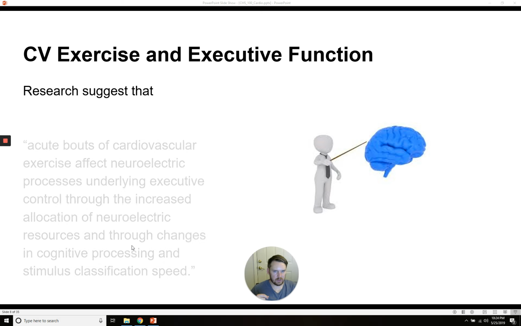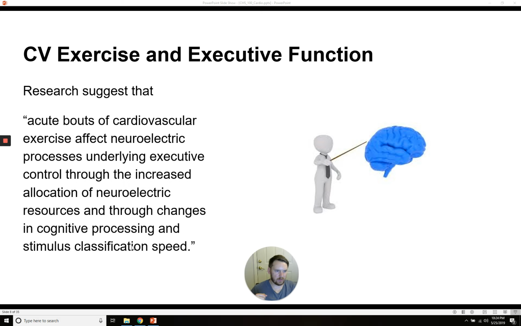And research on this suggests that acute bouts of cardiovascular exercise affect the neuroelectric processes underlying executive control through the increased allocation of neuroelectric resources, through changes in cognitive processing and stimulus classification speed.